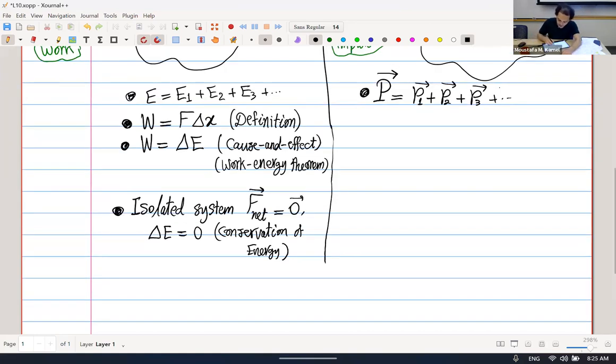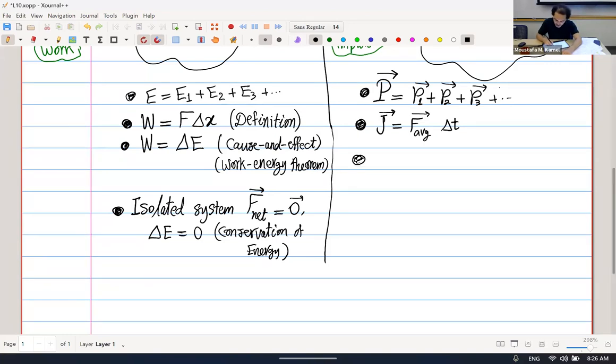Exactly the same way we have a definition of impulse, which we denote by the symbol J, as the force, or the average force rather, times the duration over which the force acts.